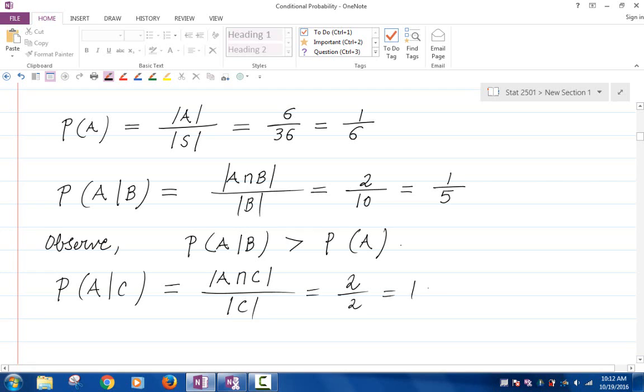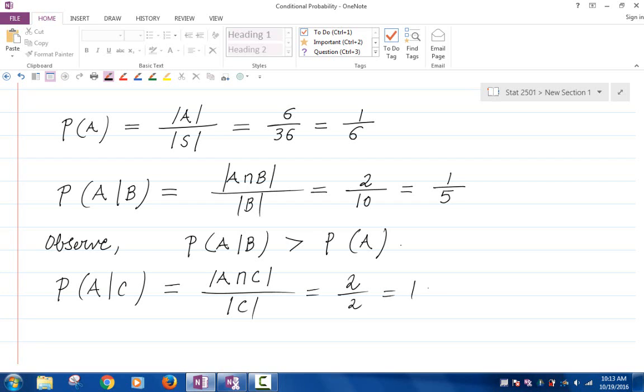So you carry out the experiment, whatever the outcome you get, that's in B. If we are given that B occurred, then the possible outcomes are restricted to the elements of B.